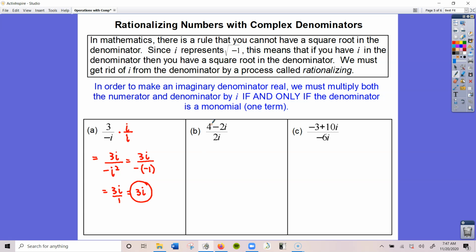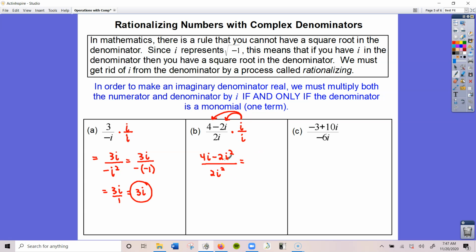Over here we have 4 minus 2i divided by 2i squared. Again, this is just a monomial, so I'm going to multiply by i over i. And what I'm going to do here is distribute the i in the numerator. So that would give me 4i minus 2i squared over 2i squared.